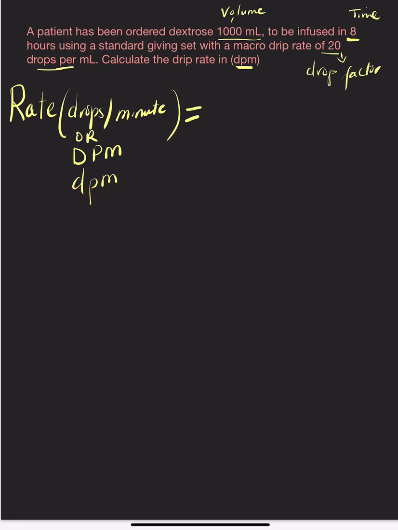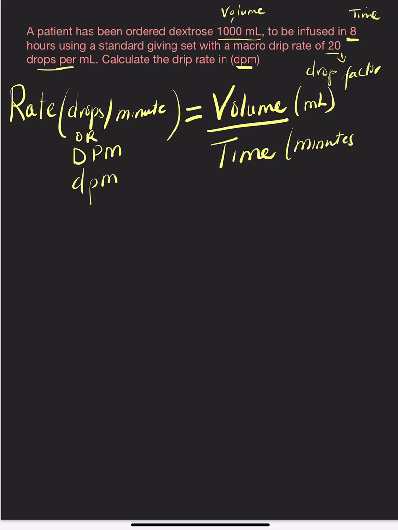So the formula is equal to volume over time. And remember, the volume always needs to be in milliliters when you're doing these calculations, and your time needs to be in minutes. Then you multiply this by the drop factor that we already have.